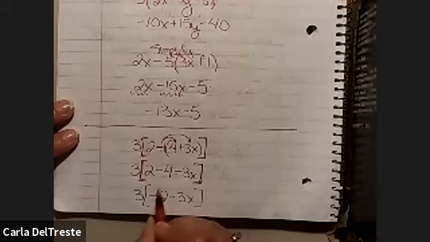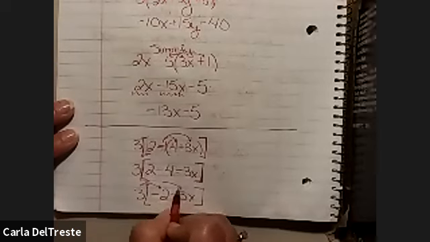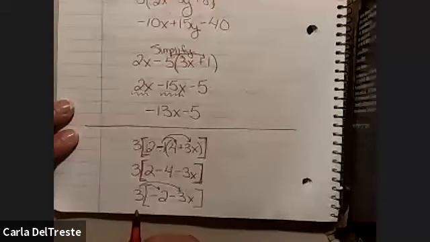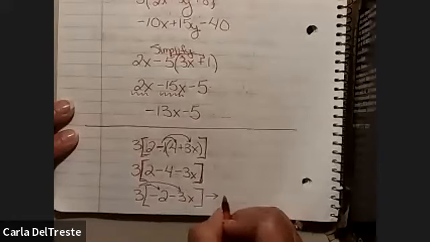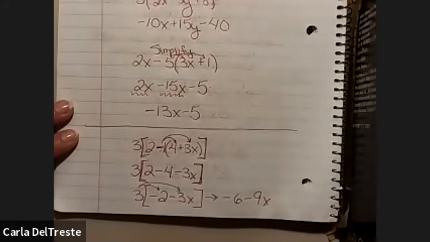I look inside my brackets and I realize I have nothing left to combine. These are not like terms. So the only way for me to get through the brackets is this last distribution with this 3, and that's going to leave me with -6 minus 9x.